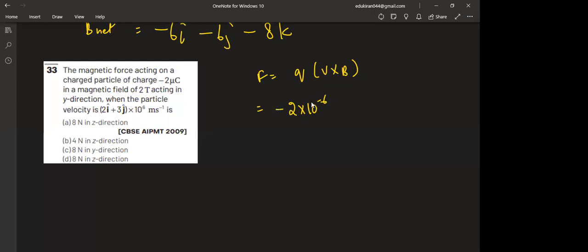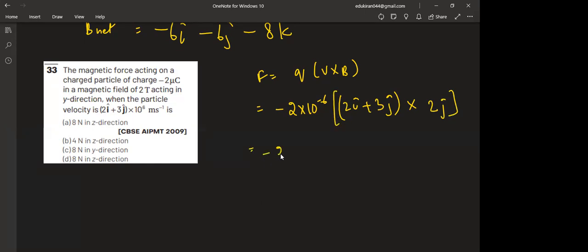What is velocity given? 2 I cap plus 3 j cap. This is QV into magnetic field. So this is given 2 Tesla in y-axis. This is 2 j cap.